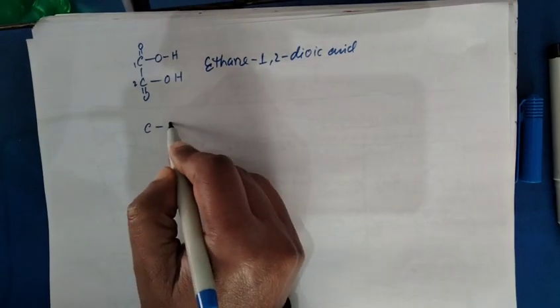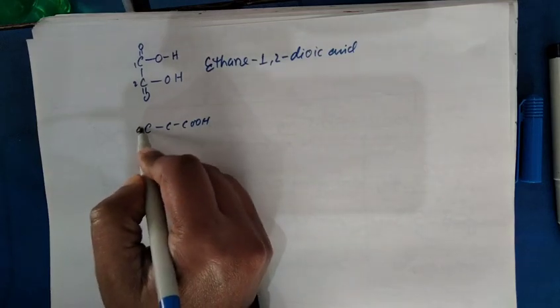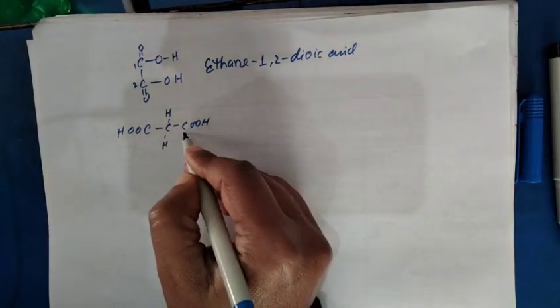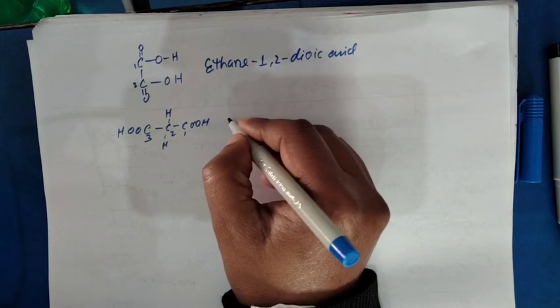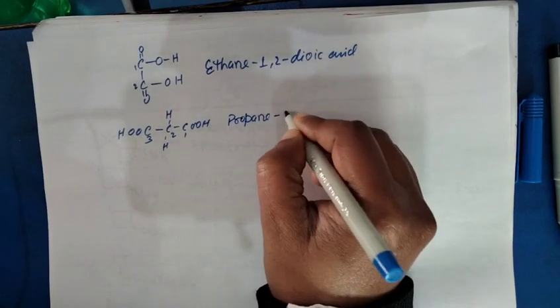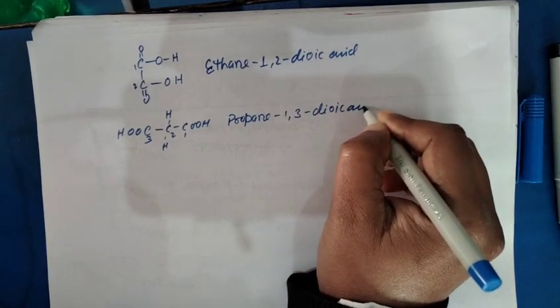Now if we take COOH here and COOH here, and here this one CH2. So we can say 1 2 3. So we can write the name as propane 1, 3 dioic acid.